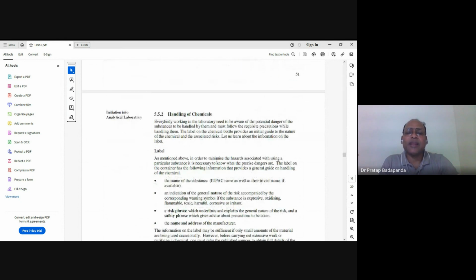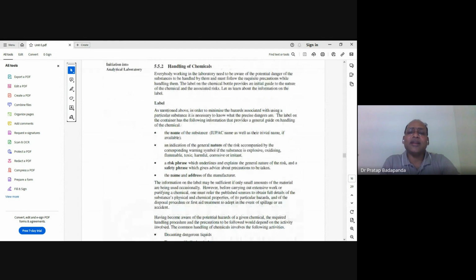So handling of chemicals means you have to label properly, what I told you. When you are keeping, actually we are not using the whole chemical. Suppose you have 5 liters of concentrated hydrochloric acid, whose concentration is 95 percent. So it is strongly high. We cannot bring the hydrochloric acid from that container every time.